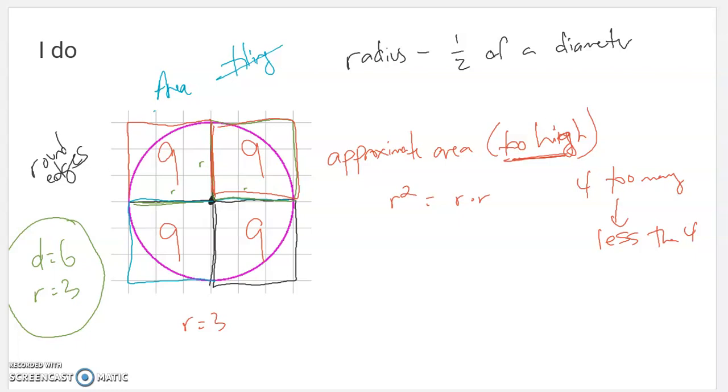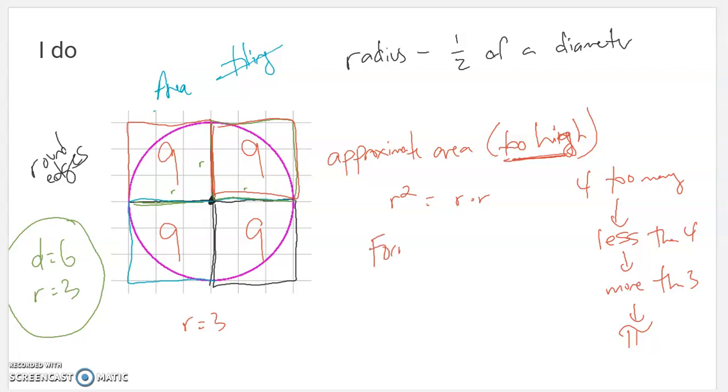It's less than 4. It's more than 3. Yeah, it's that same number pi again. So I could take this 9 unit square. That 9 unit square would fit in the circle 3 and a little more times.